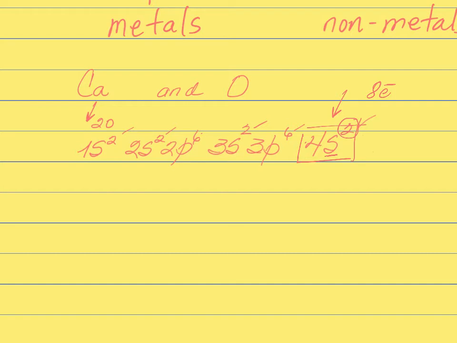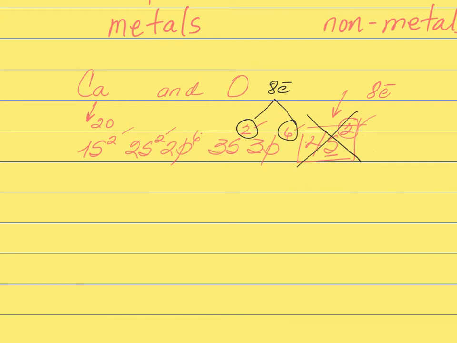It's easy for calcium to let go those 2, or just to accept 6 more. So it's gonna be easy for calcium just to let go these 2 over here. And when you look at level number 3, 2 plus 6 is equal to the 8 electrons. That's what is happening in an atom of calcium.